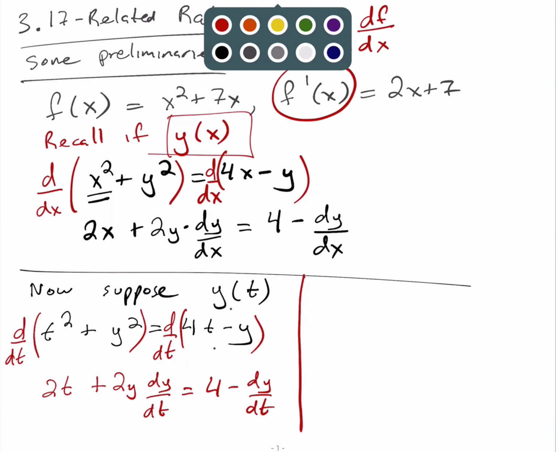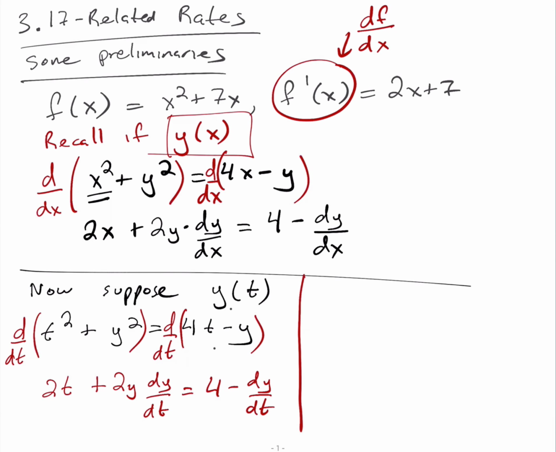Okay, so now let's take it one step further. Now suppose that x is a function of t and y is a function of t. Okay? And now I have x squared plus y squared equals 4x minus y.